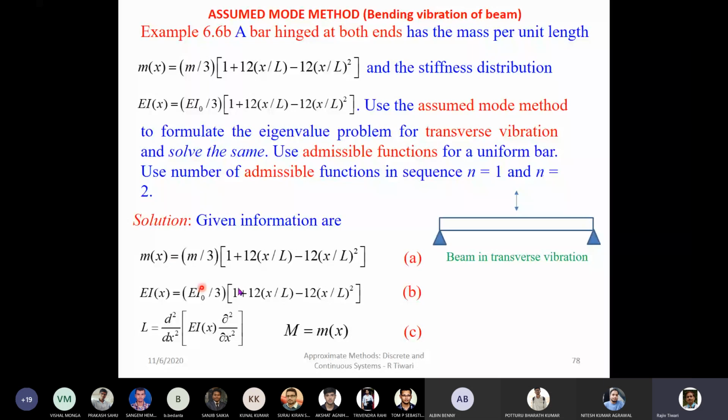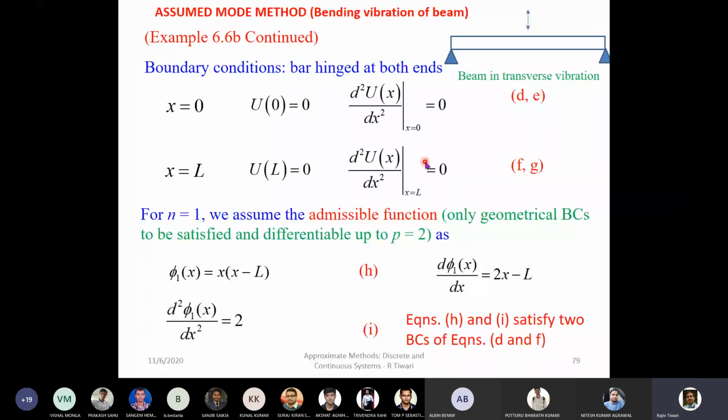So these are the given things. As I was telling, the L operator and M operator will be different for the beam case. This is given to us. Coming to the boundary conditions, we need to choose the admissible function which should satisfy the geometrical boundary conditions of the problem, not the natural boundary conditions.